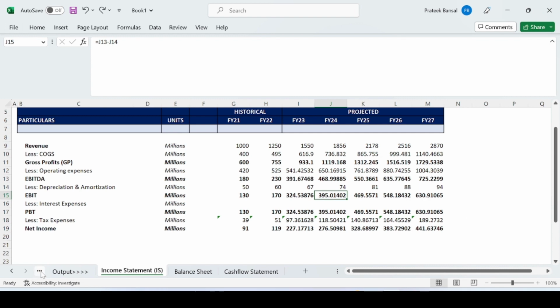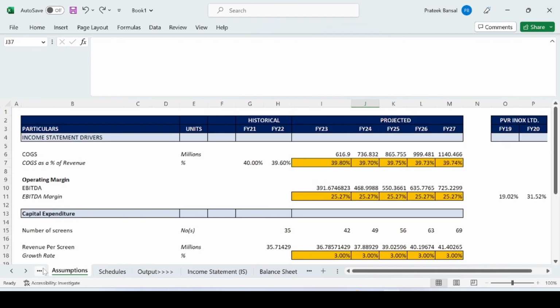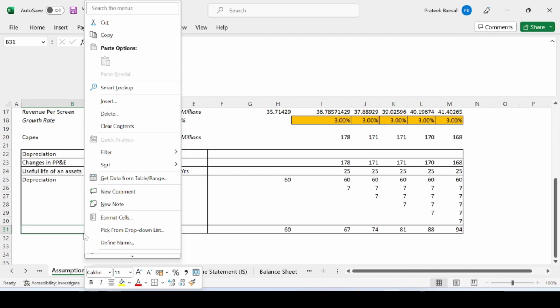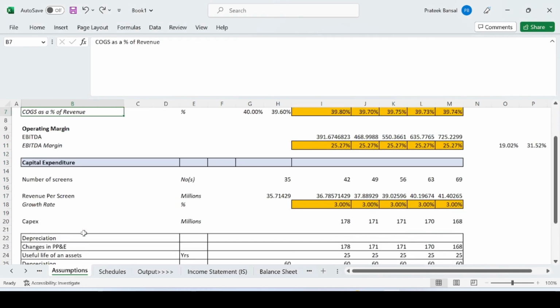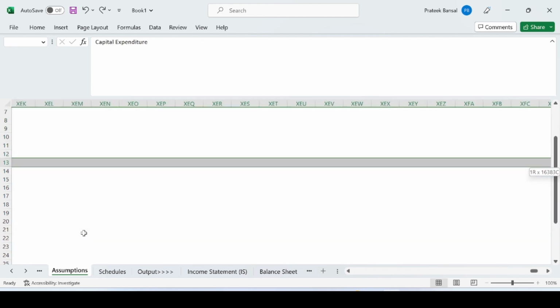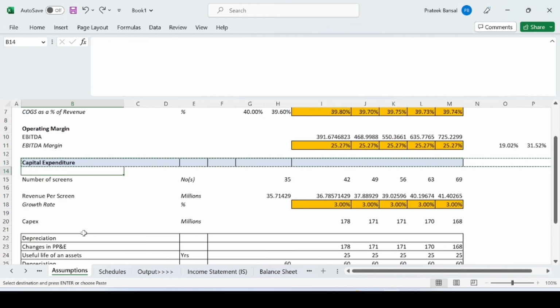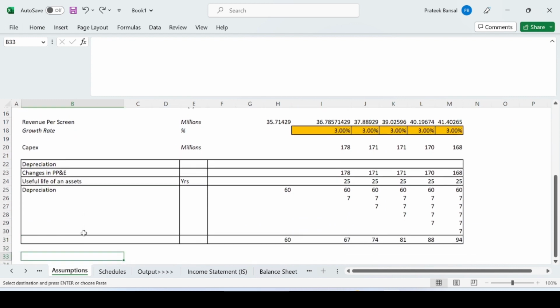So first of all, let's go back to our assumption tab and try to build our debt schedule. Once we are done with that, we will solve our balance sheet and our cash flow statement, and we are done with today's video. Let me copy the formatting, because we will keep the formatting the same in our whole model.